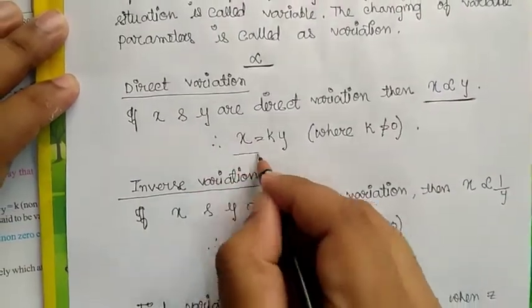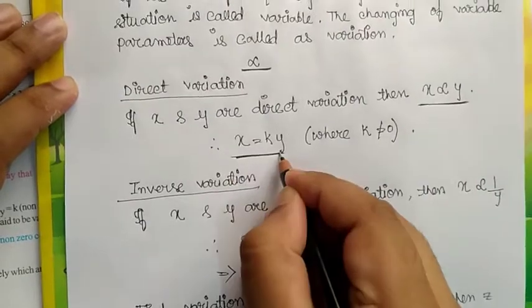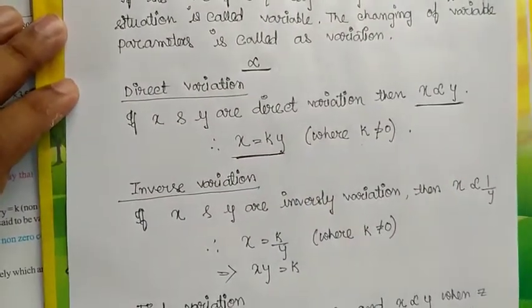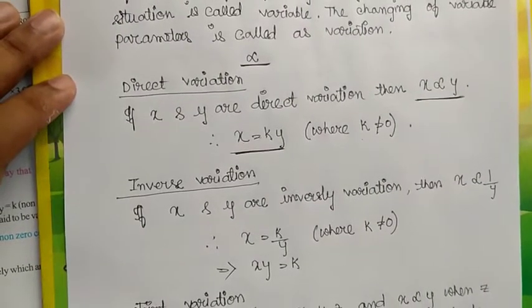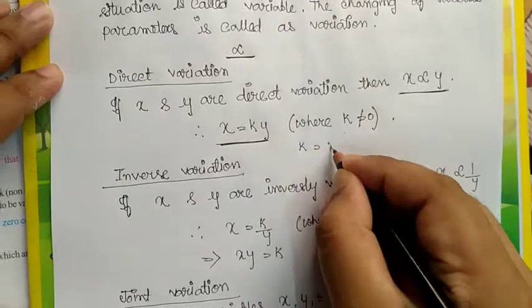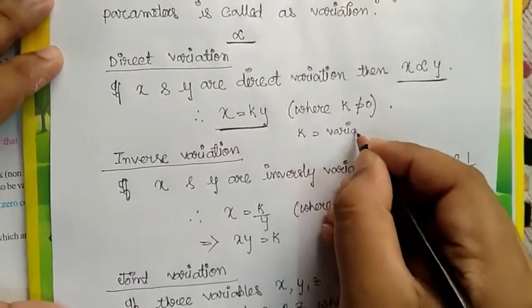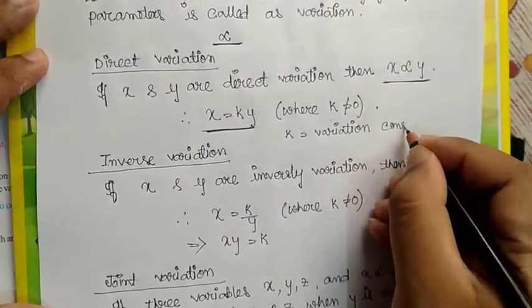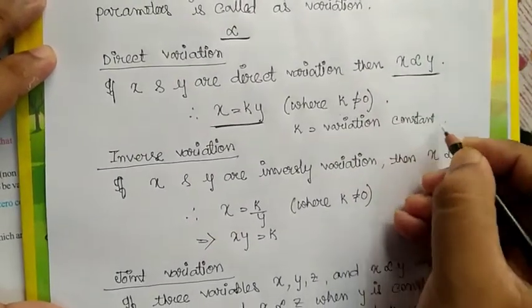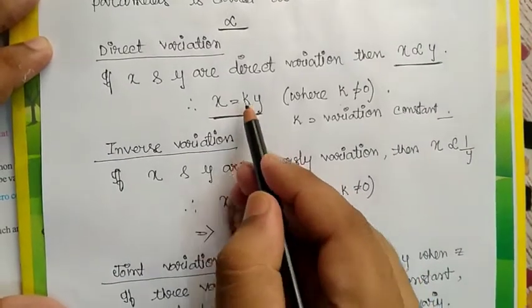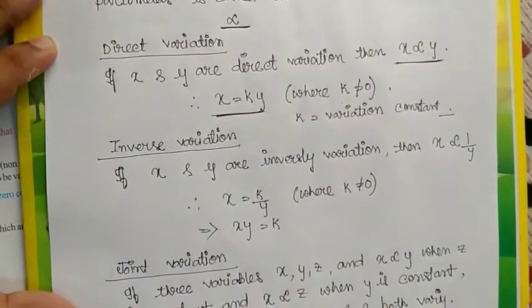Therefore we can write x equal to ky, where k is not equal to 0, and k is the variation constant. Variation constant means that as x increases, y also increases, but the value of k is always fixed.